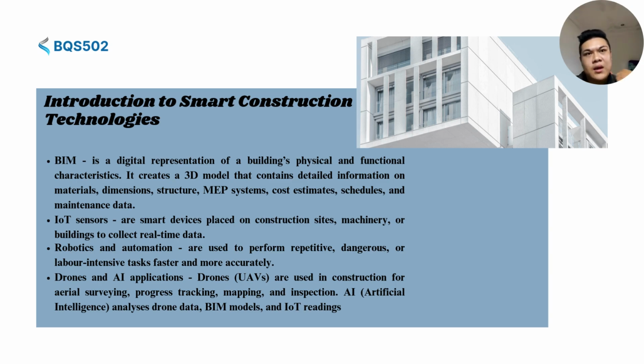Next is robotics and automation. These are used to perform repetitive, dangerous, or labor-intensive tasks faster and more accurately. For example, robotics reduces the reliance on manual labor and enhances safety by keeping workers away from hazards.